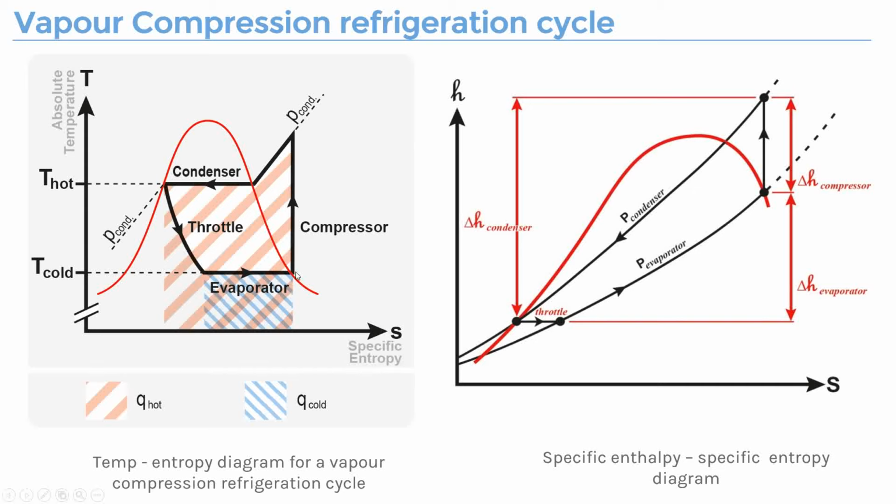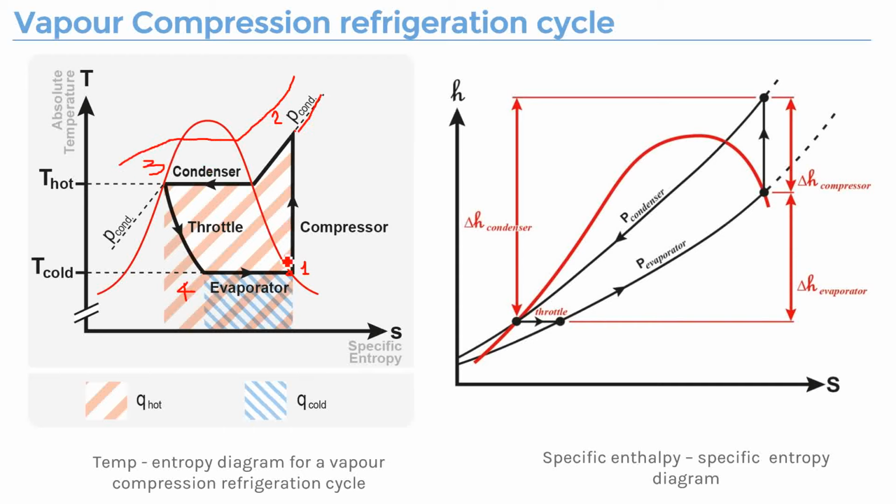And you can convert completely where points 1, 2, 3, and 4 are. And in the TS diagram, you will have a constant pressure curve that looks like this.